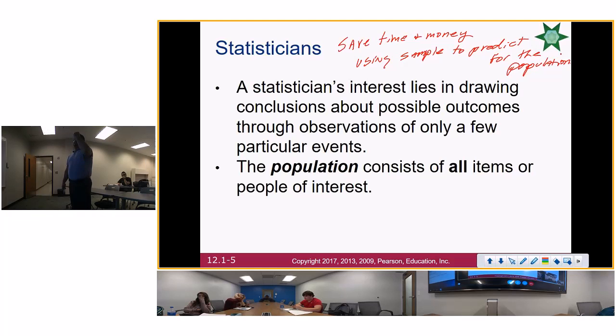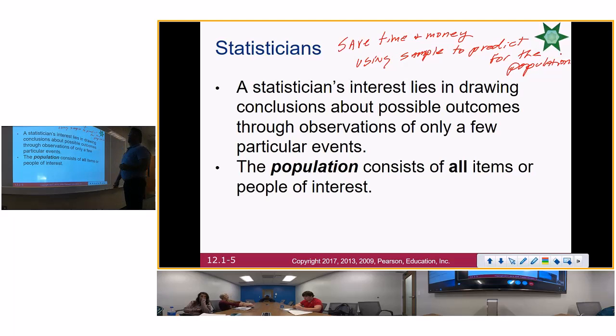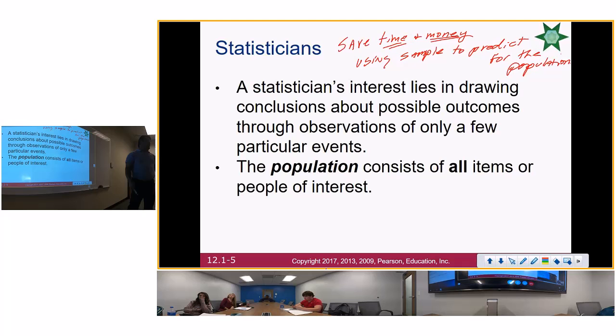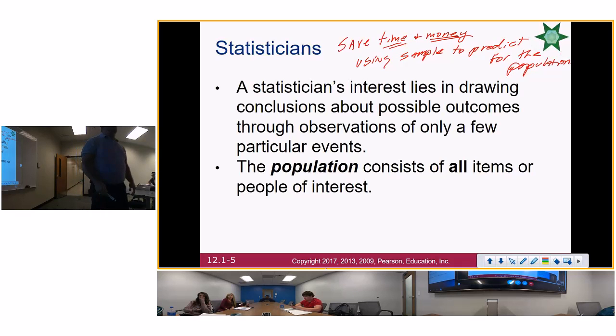All right. So a statistician wants to take the sample and predict for the population, because it saves time and what? Money, for the client, which in this case I'm going to say is Michelin or whoever hires the polling company.